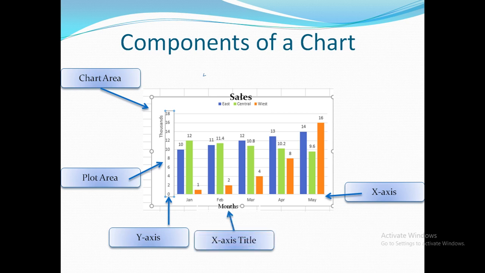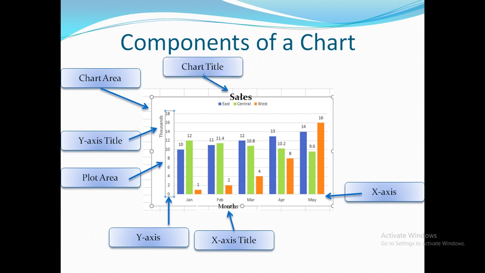Then comes the x-axis title. The heading given to the x-axis is called the x-axis title, and the heading given to the y-axis is known as the y-axis title. Collectively, both are known as axis titles.